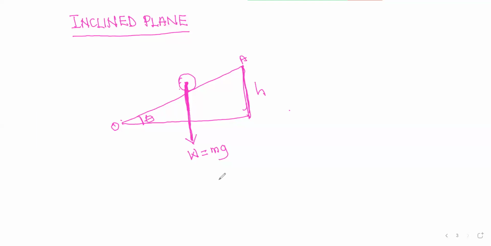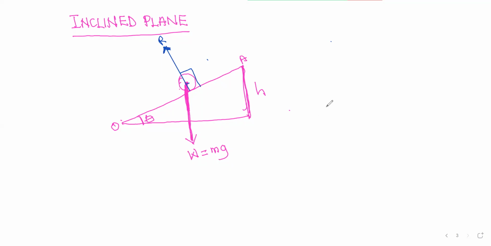There is another force acting on the plane, and that is the normal reaction. You see, the normal reaction forces, no matter the surface, must always be perpendicular. That is why we call it normal. Normal means perpendicular. So we have this reactional force R, which is perpendicular to the inclined plane.